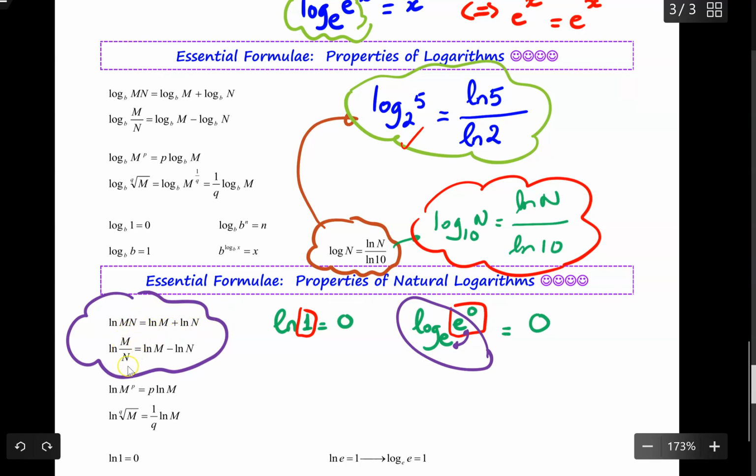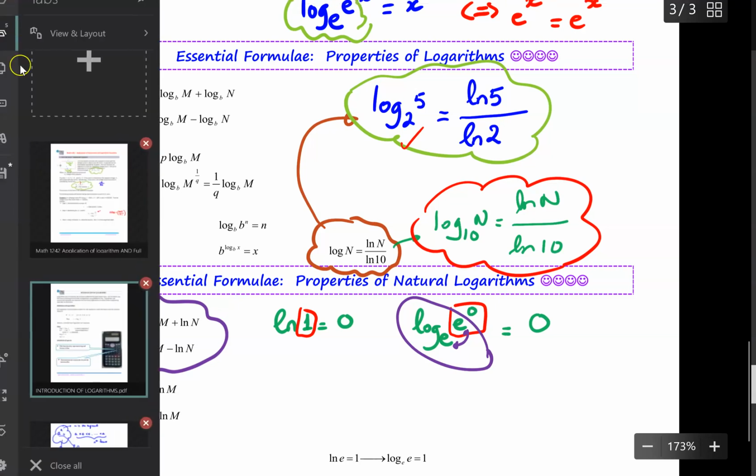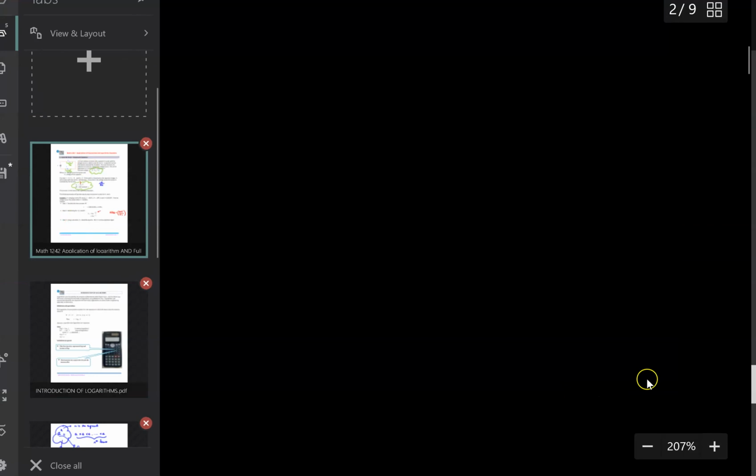If you divide, you have to apply the difference of these two logs. You don't want to run into this concept. Therefore, you need to make sure that you have just one single log on one side of the equation and a single log on the other side.